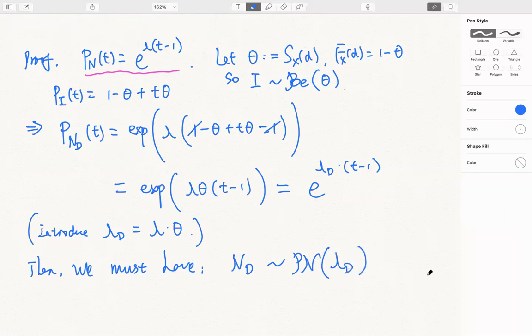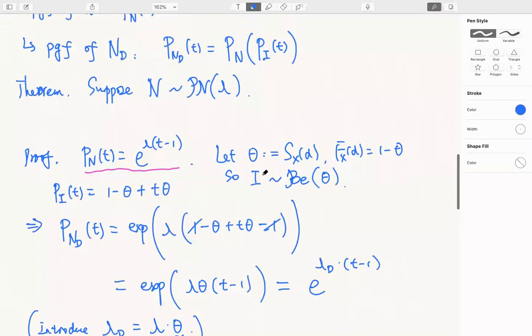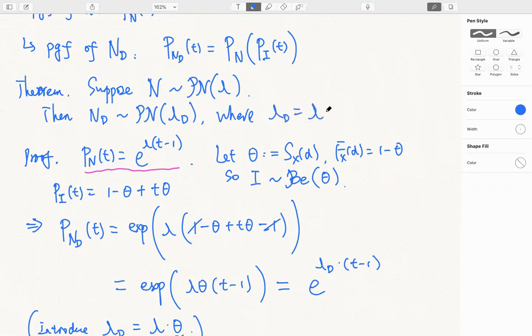The mean is obviously smaller because this theta is a probability. Again, it's very easy to understand this result. So let me put the result here. Suppose this, then N_D will be another Poisson distribution with a new parameter. Well, this parameter equals the previous one times the survival probability at the deductible.